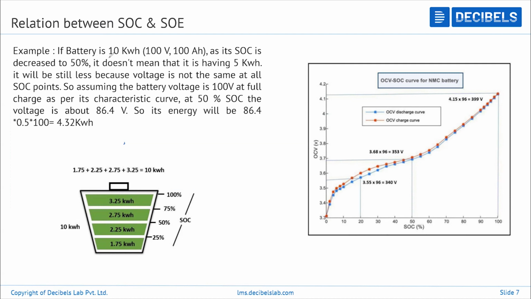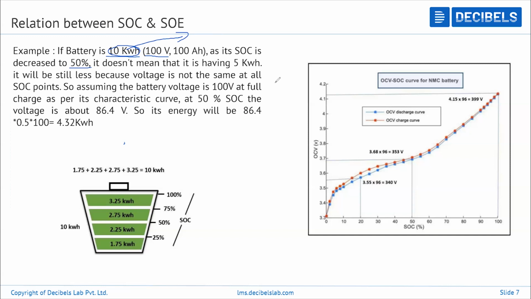Let's assume a 10 kilowatt-hour battery, just a random small example: 100 watt, 100 volt and 100 Ah as capacity. Assuming its SOC decreased to 50%, it doesn't mean that it has 5 kilowatt-hour. When the battery is fully charged, the energy is 10 kilowatt-hour, but when the SOC decreases to 50%, the energy is not 5 kilowatt-hour.